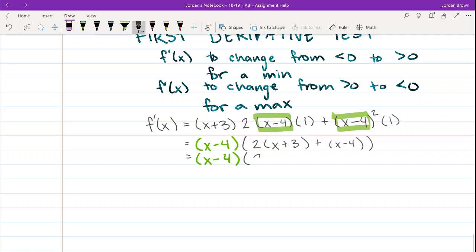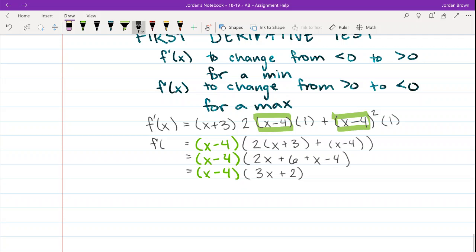So simplifying the inside, we've got this.